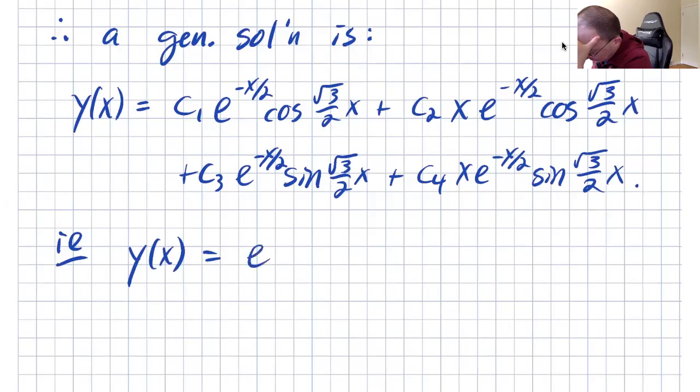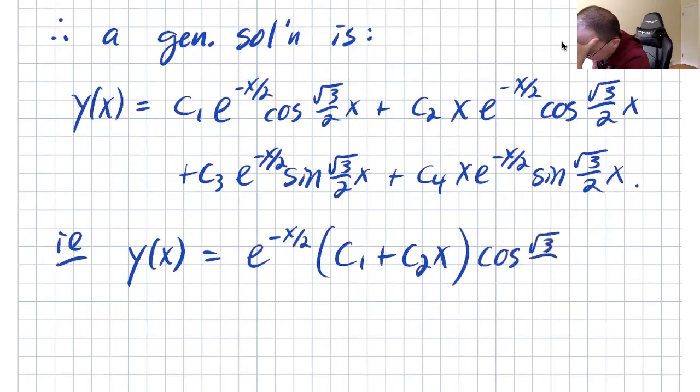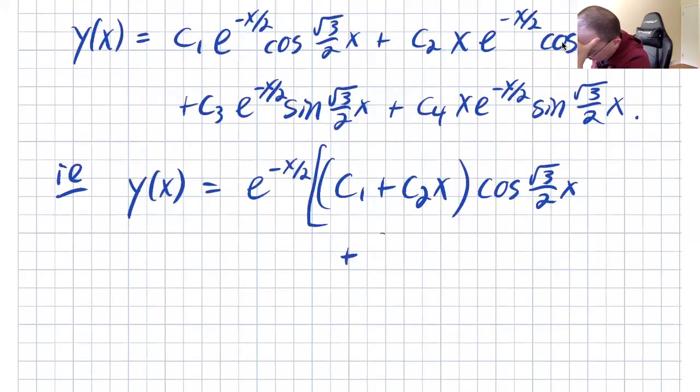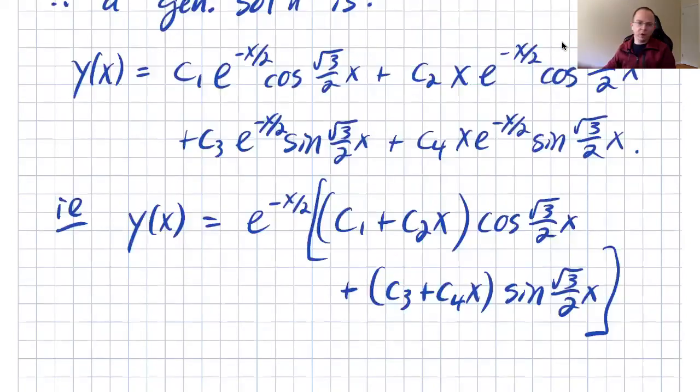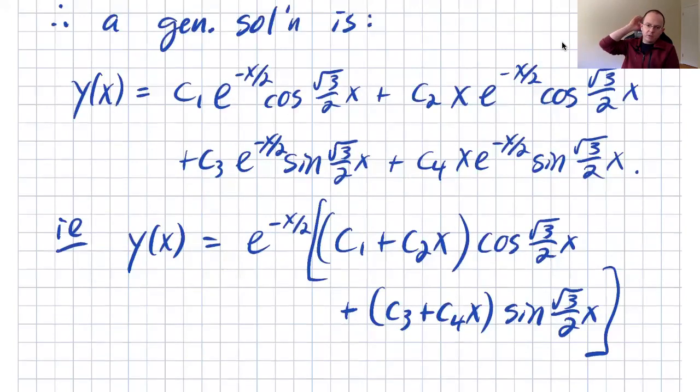So I'll get e to the negative x over 2, and then the cosine term will be c1 plus c2 x times cosine root 3 over 2 x. And then the sine term, we have c3 plus c4 times x times sine of root 3 over 2 x. Okay, so that's a more compact way to write the solution.